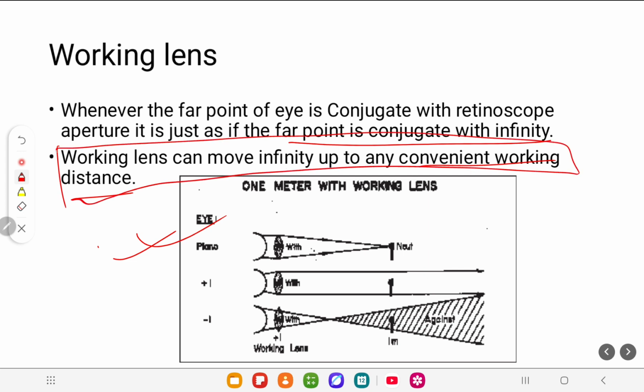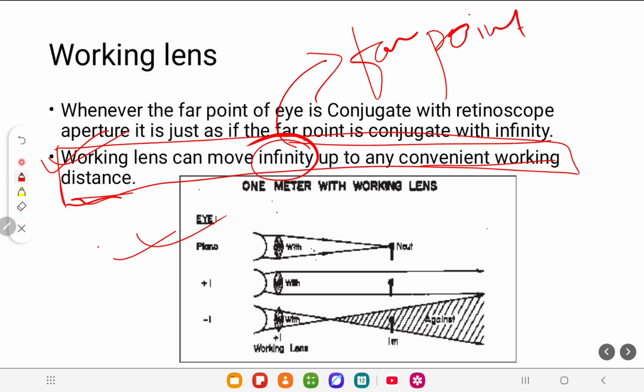What does the working lens do? It does only one thing: it can move the far point of the eye to the convenient working distance.